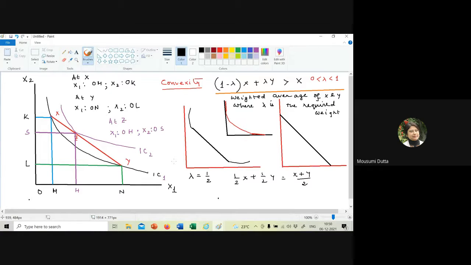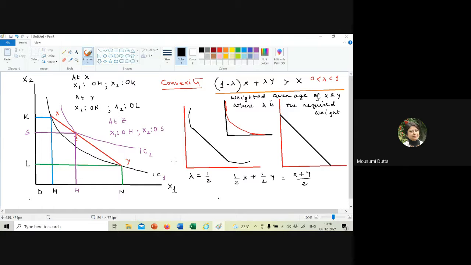This we call the weighted average of 2 points x and y, where lambda is any arbitrary positive fraction lying between 0 and 1, and this is called the required weight. So Z is the weighted average of x and y.